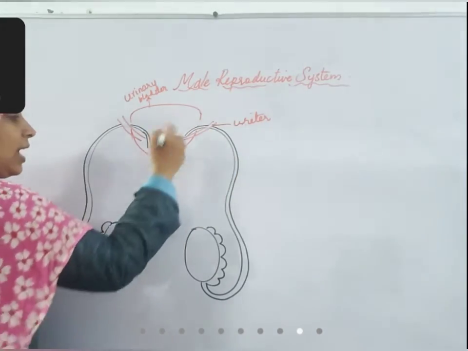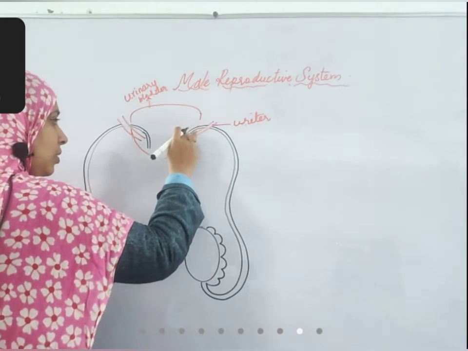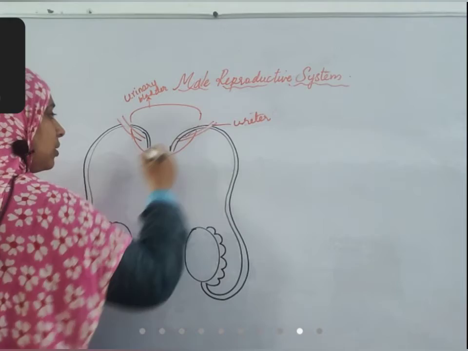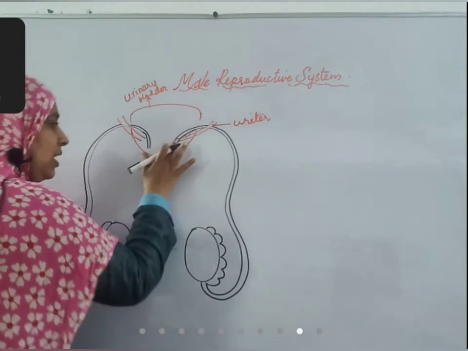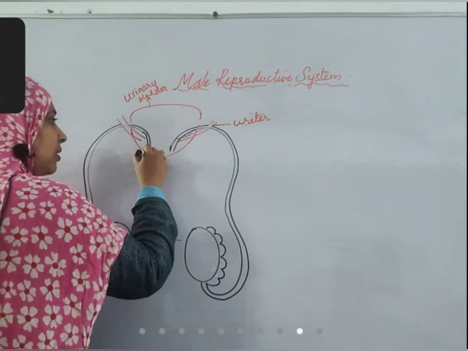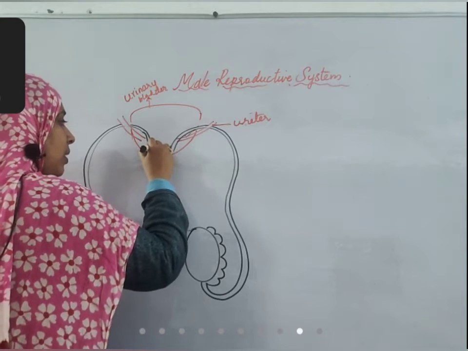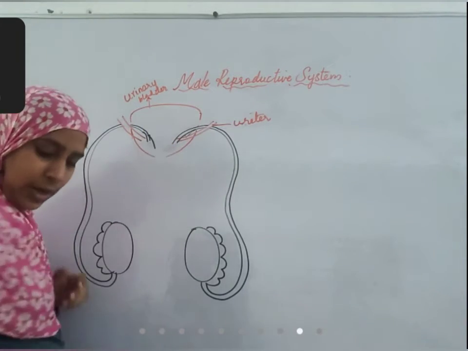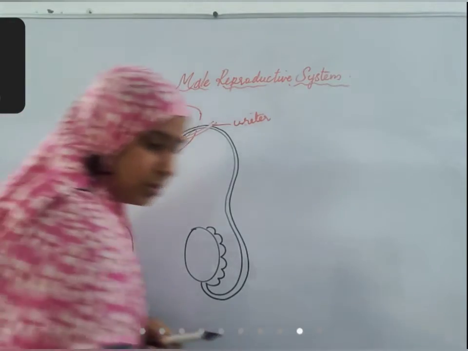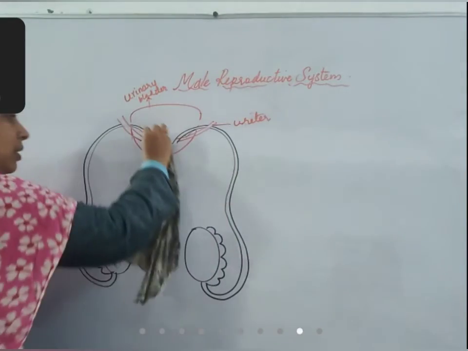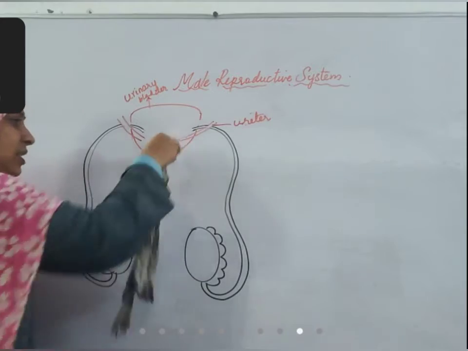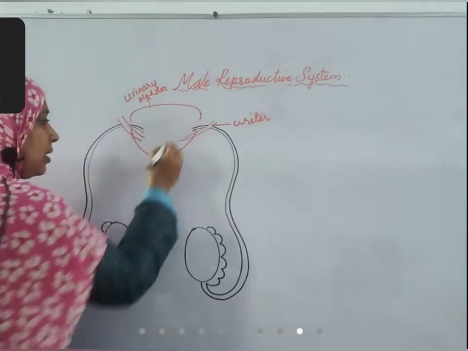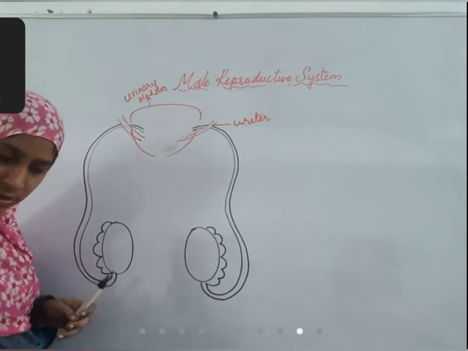It is hanging over the ureter and coming down. When it is coming to the center, these two vas deferens will combine at this point. They join at a point.